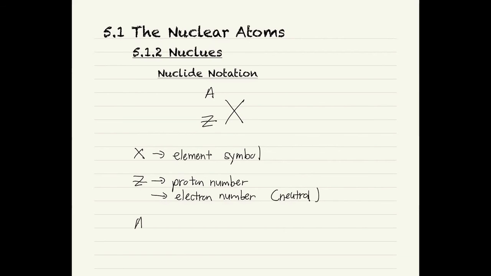A is nucleon number, the number of protons plus number of neutrons. Alright, we finished the formulas in section 4 and section 5.